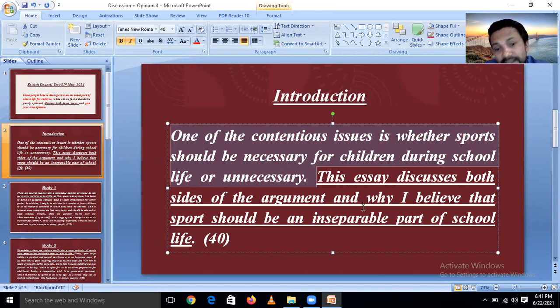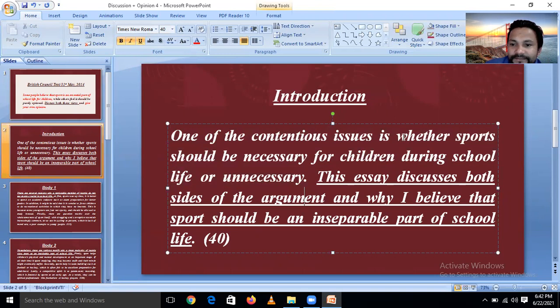One of the contentious, meaning highly debatable or disputed, issues is whether sports should be necessary for children during school life or unnecessary. Necessary or unnecessary, essential or not, optional, primary or secondary, like that.